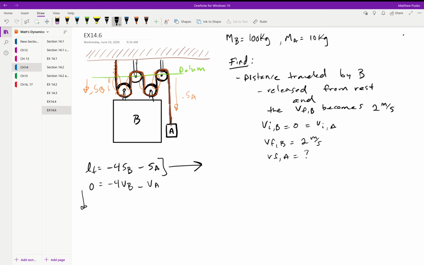But one thing to note though is if we look at infinitesimal motion or want to use the total length equation to describe the position, which we hadn't really done before yet, we can look at the delta L, the change in L, the change in minus 4SB minus the change in SA.